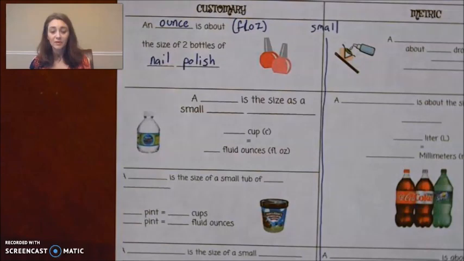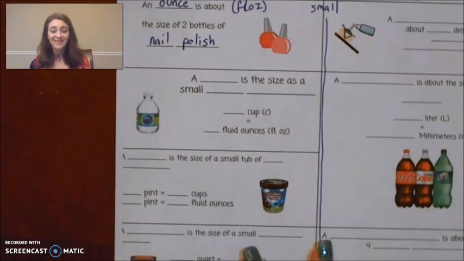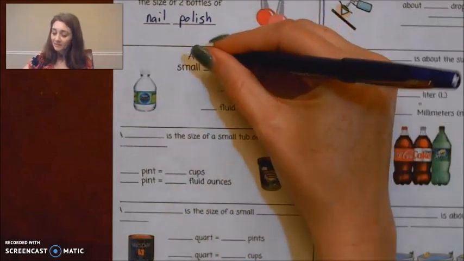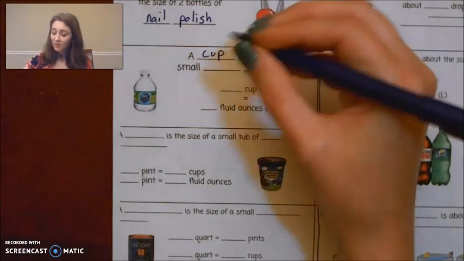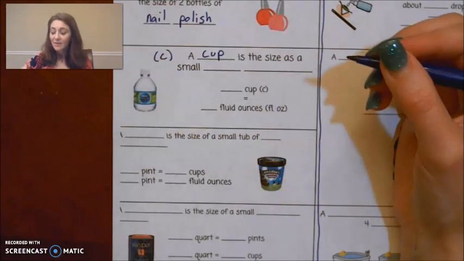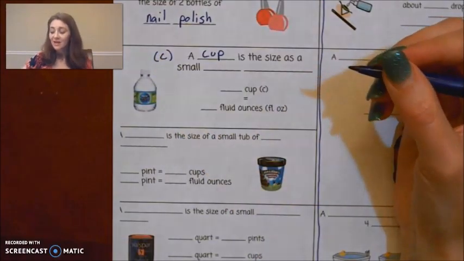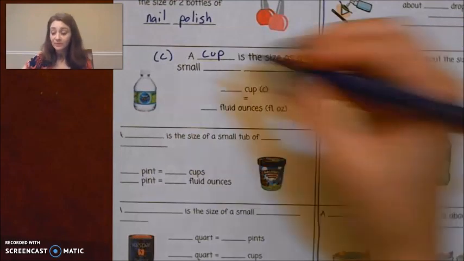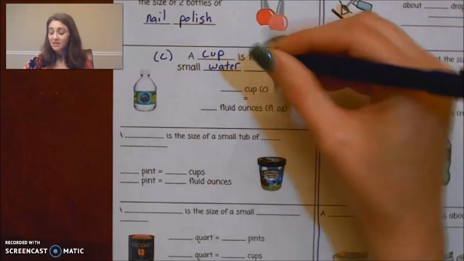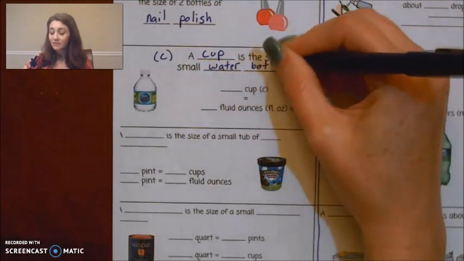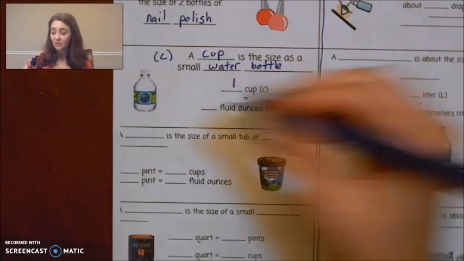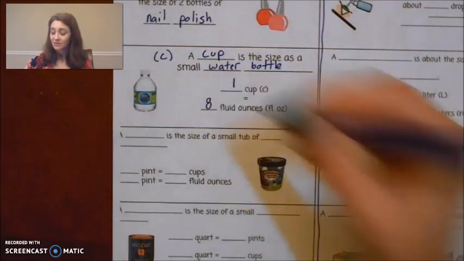All right, moving up. The next is a cup. Our abbreviation is C, and a cup is the size of a small water bottle. These are the little bitty half-size ones. 1 cup equals 8 fluid ounces.